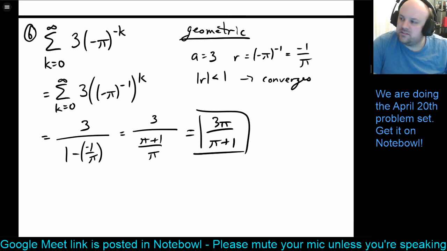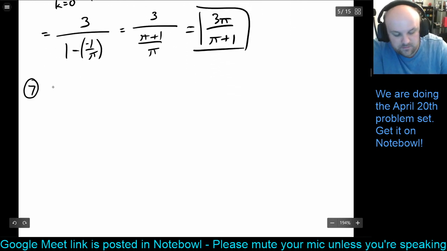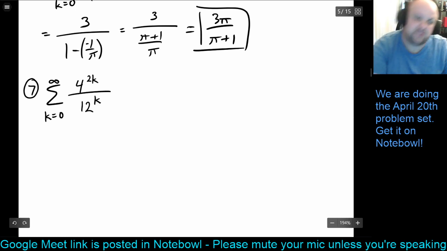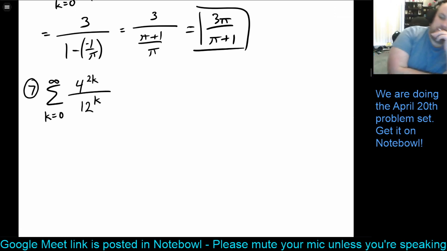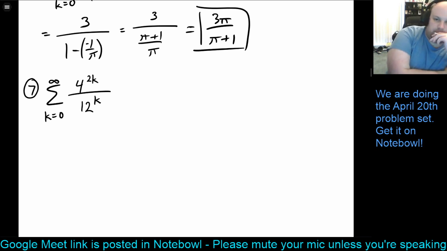Right. So let's tackle this last problem in problem 1 here. This is k equals 0, infinity. Here we have 4 to the 2k over 12k. Oh, sorry, 12 to the k. Right, so what is going on here? Anything need to be done here?